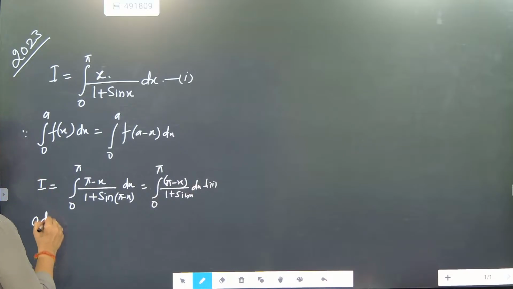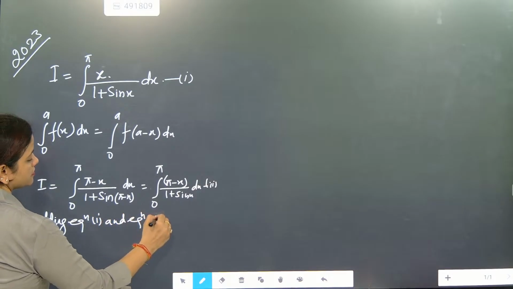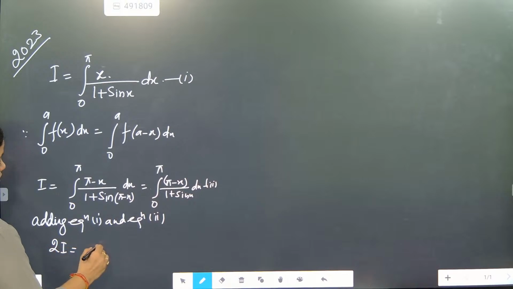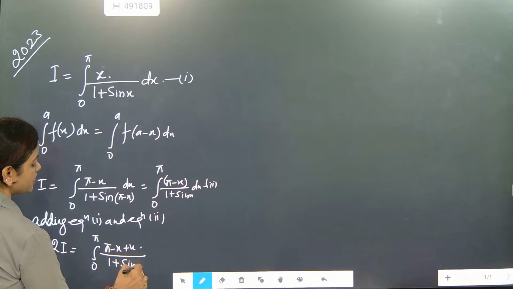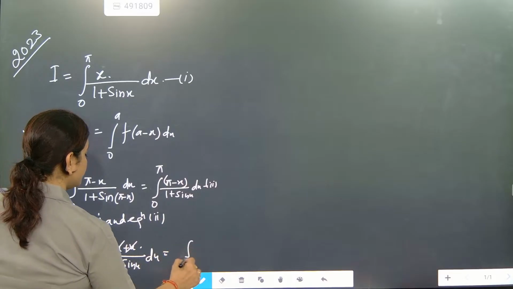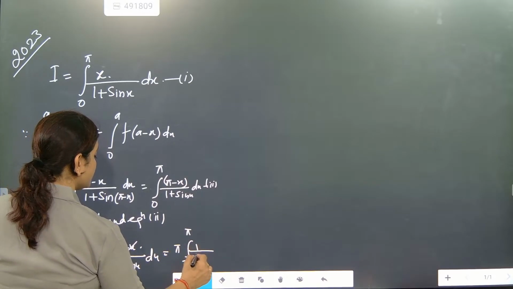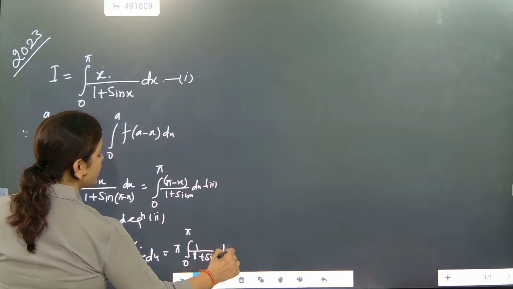Adding equations 1 and 2, it will come 2I is equal to the integral from 0 to pi of (pi minus x plus x) by (1 plus sine x), because 1 plus sine x becomes common and this and this get cancelled. It will come the integral from 0 to pi of 1 by (1 plus sine x). Till here we understood.